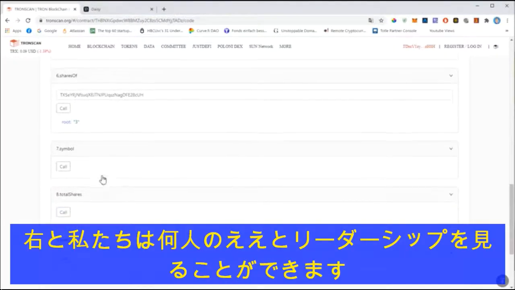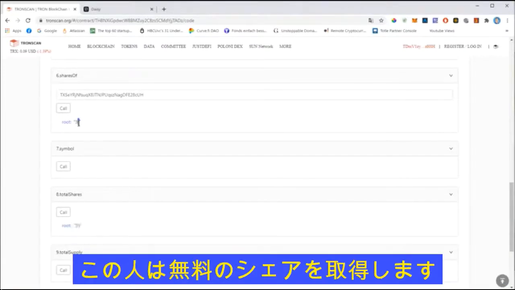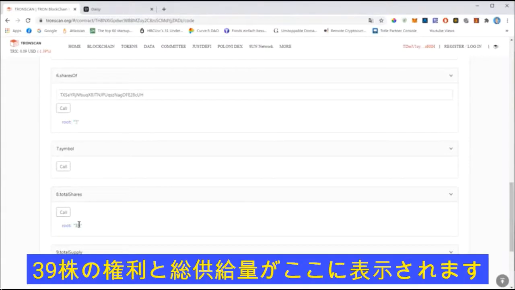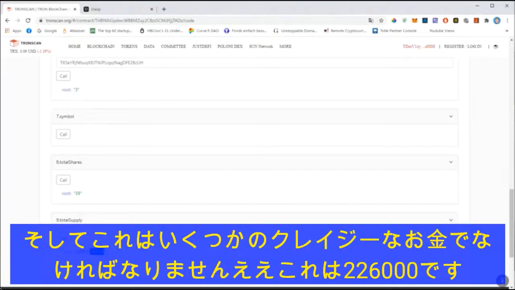And we can have a look at how many leadership or Paysetter leadership members exist, and this is 39, right? So this person will get 3 shares of 39 shares, right? And the total supply will be shown here, and this must be some crazy money.